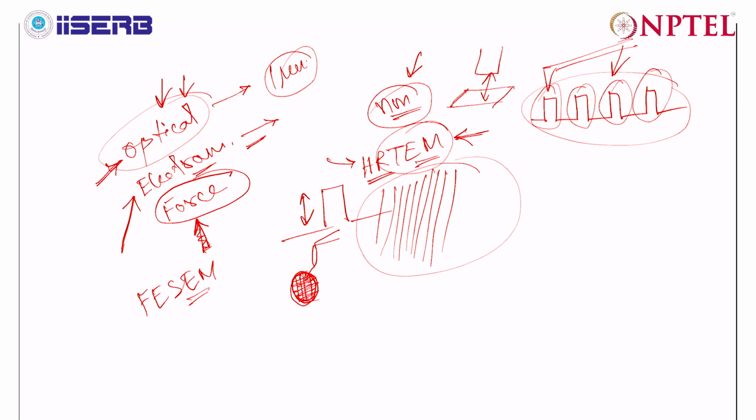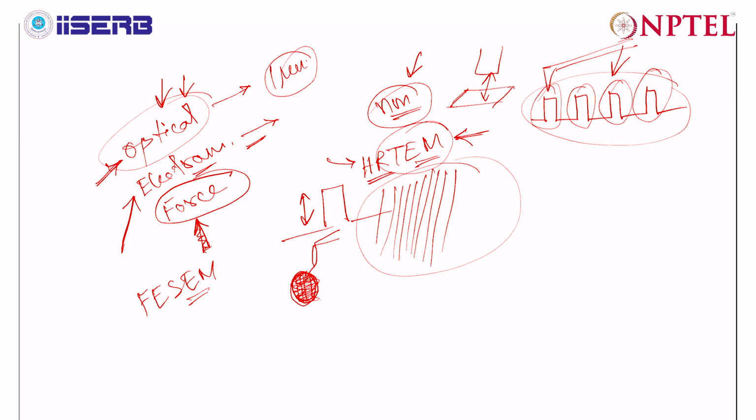Not a film exactly. What happens is that the particles or whatever sample you have get stuck in that mesh, and then you put it under the microscope, that is the transmission electron microscope, in order to image the same.